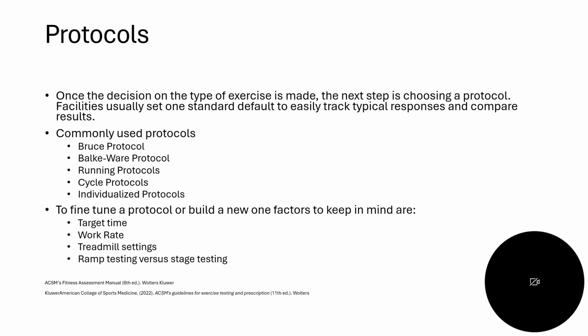To fine-tune a protocol or to build a new one, there are factors that must be kept in mind. These factors are the target time, the work rate, the treadmill settings, and ramp testing versus stage testing. All of these things are very important and must be taken into consideration when you're trying to either tweak or build a new protocol.